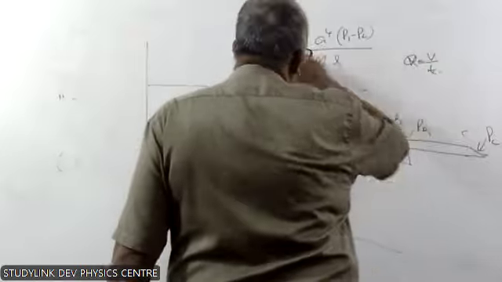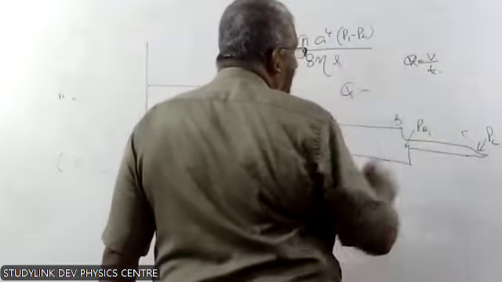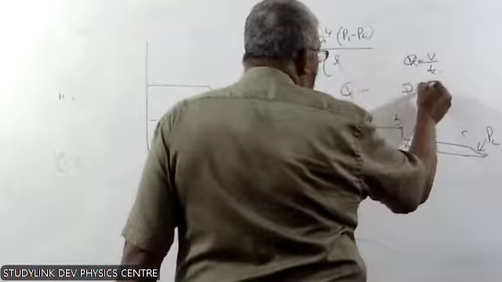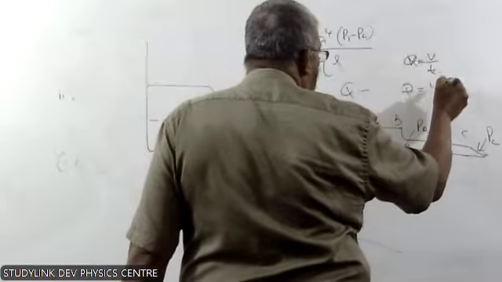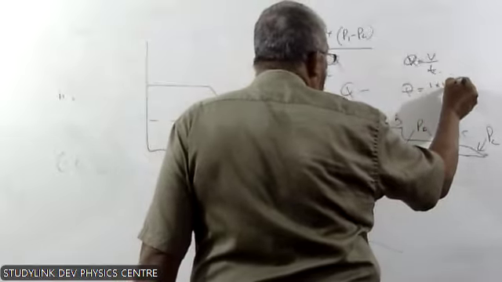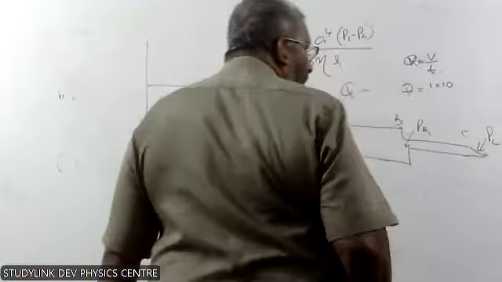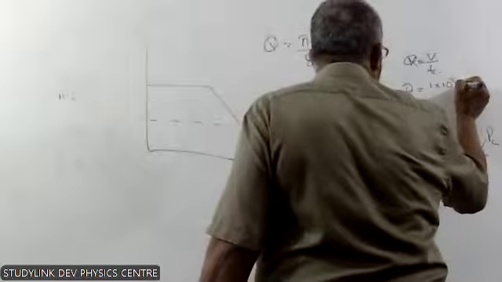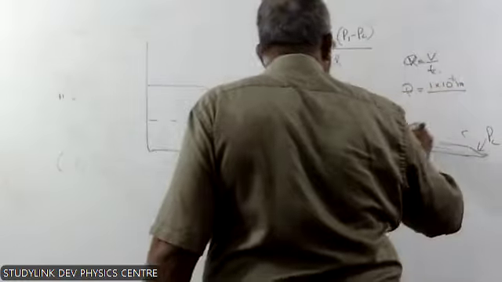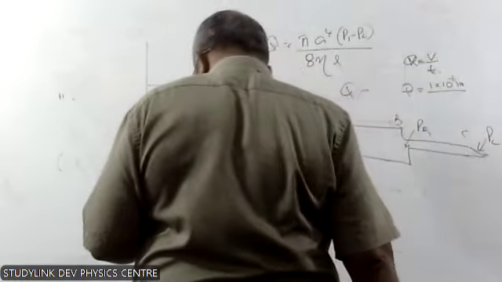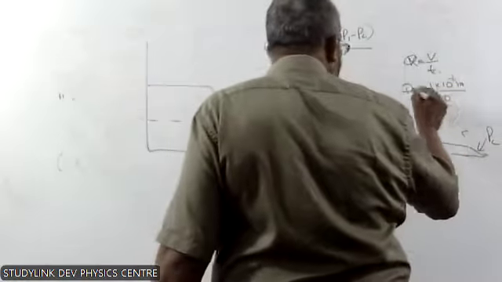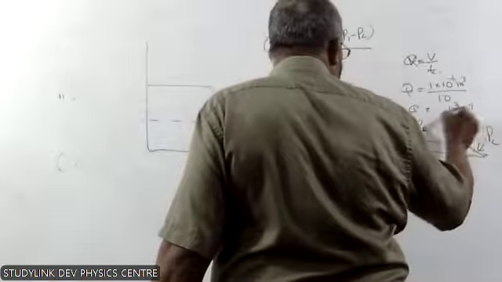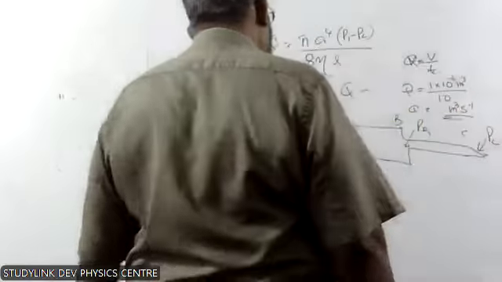Now you can find Q. Q is equal to V, 1 cubic centimeter, so 1 into 10 to the power minus 6 cubic meters divided by time. Time is given as 10 seconds. So you can find Q in cubic meters per second, in SI units.